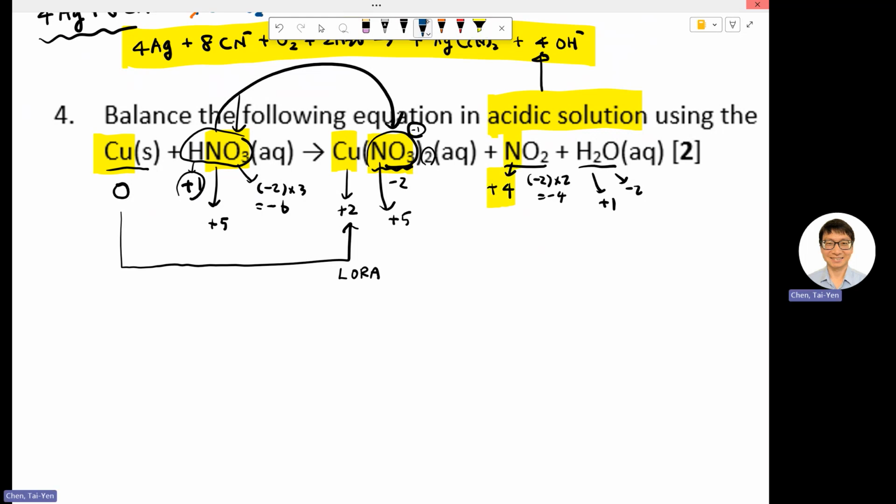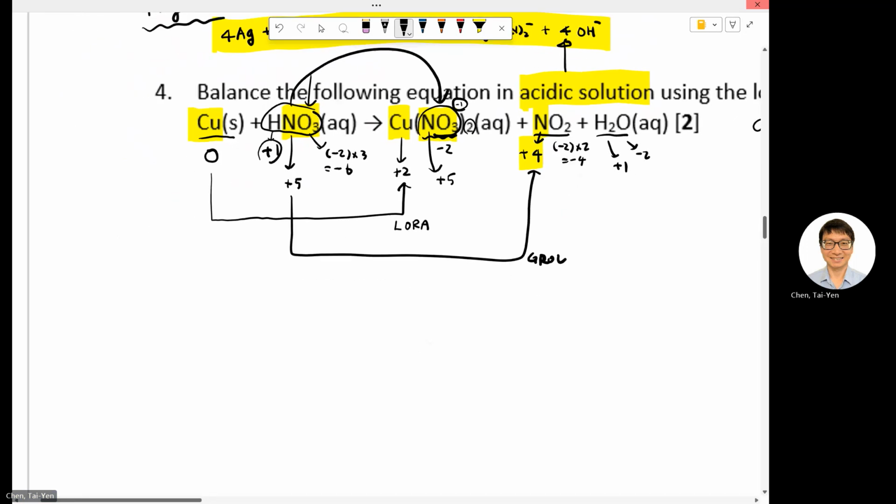From here to here, you can see it goes from +5 to +4. Therefore, it's gaining 1 electron, so this will be your reduction.